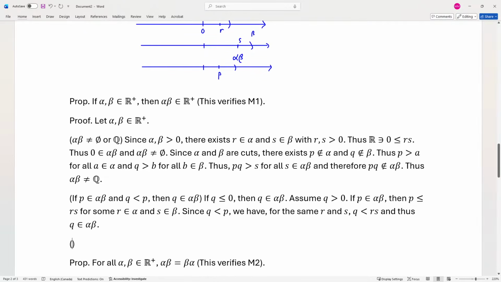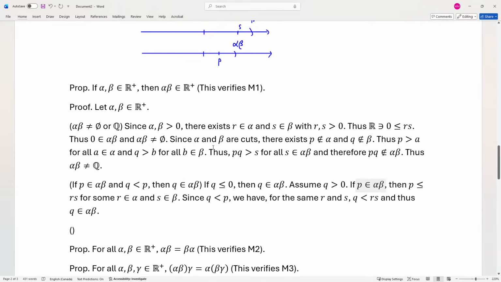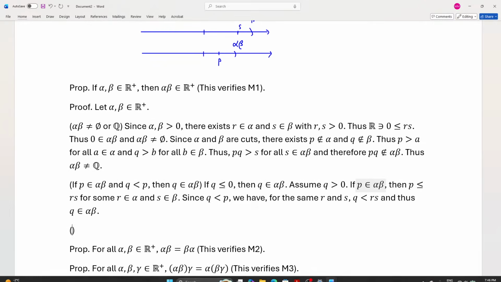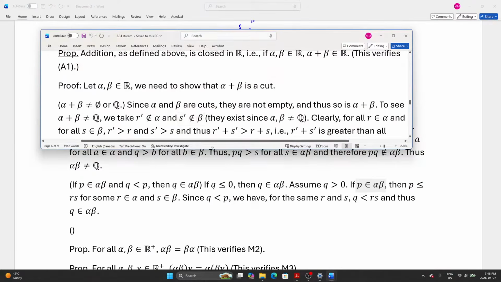Okay, so next up, we need to show that the set alpha times beta has no greatest element. Right? So that's property 3. So actually, how did we phrase that last time?